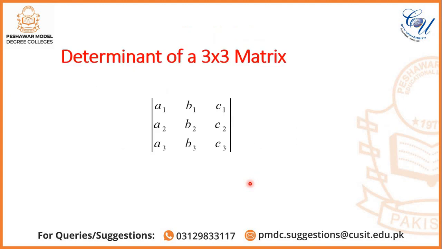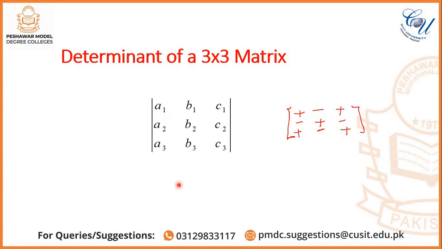So consider an example. First, before the example, let's revise the determinant of a 3 cross 3 matrix. Let's suppose we are going to find the determinant of a 3 cross 3 matrix. To find the determinant, we can expand the matrix along any row or column. Let's suppose we are going to expand the matrix along column 1.